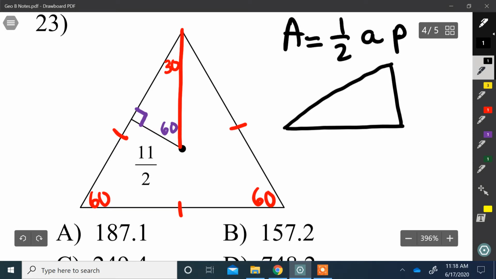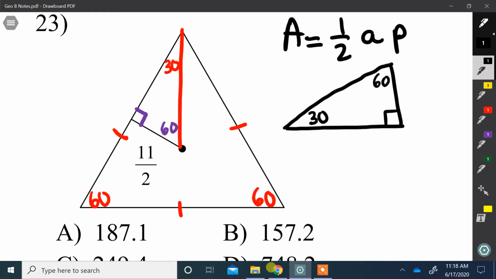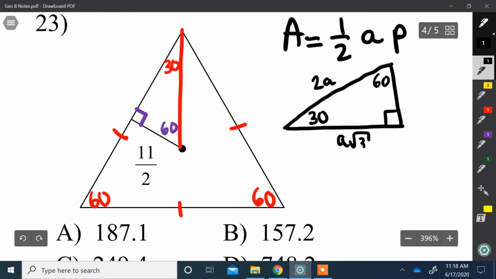So in a 30, 60, 90 special triangle, here's what we should know. If this is 30, and this is 60, and this is the right angle, then if this is 2a, then this would be a square root of 3, and this will be a.